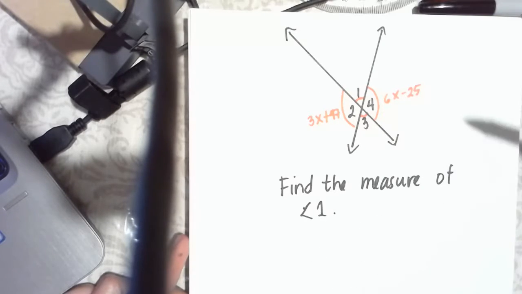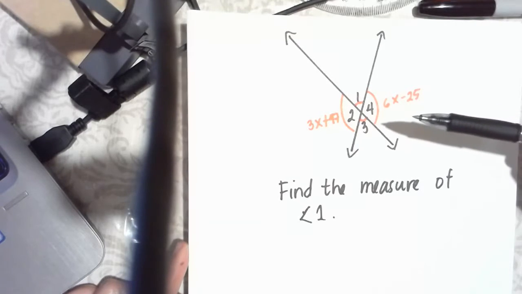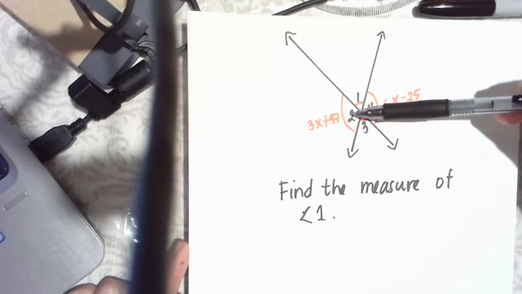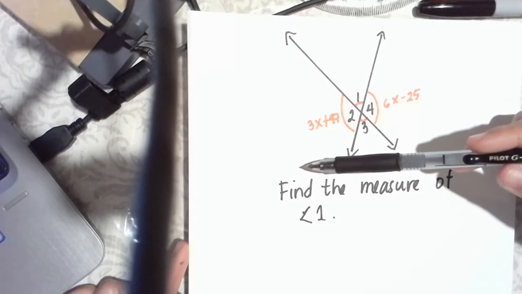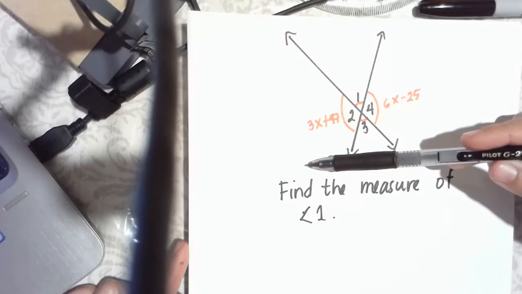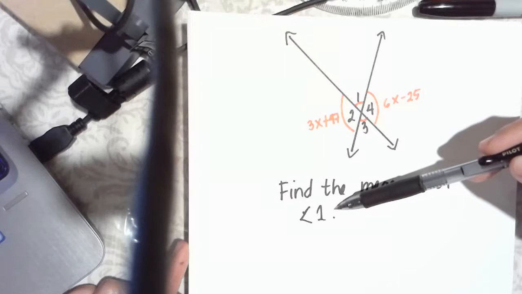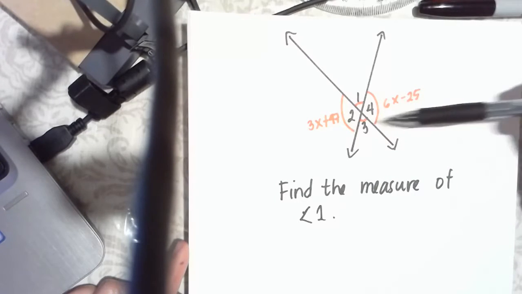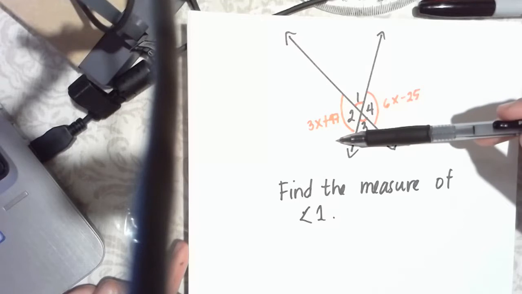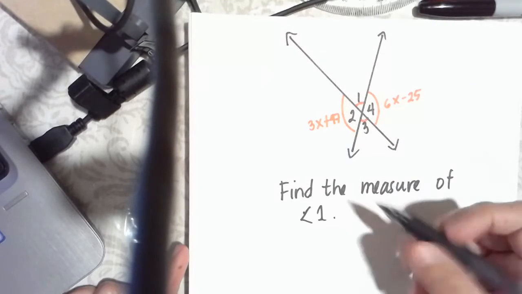Okay, this is an example of a vertical angle. Angle 2 and angle 4 are vertical angles. But the question is asking us to find the measure of angle 1. So we need to find x first by making them equal to each other since they are vertical angles.